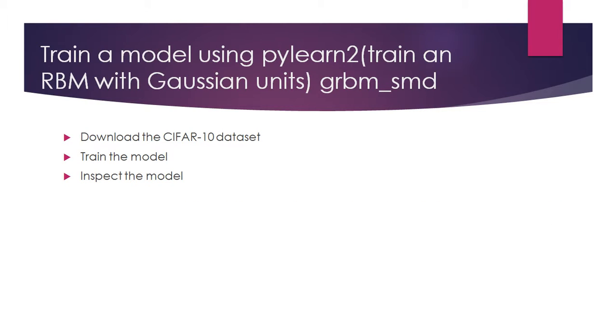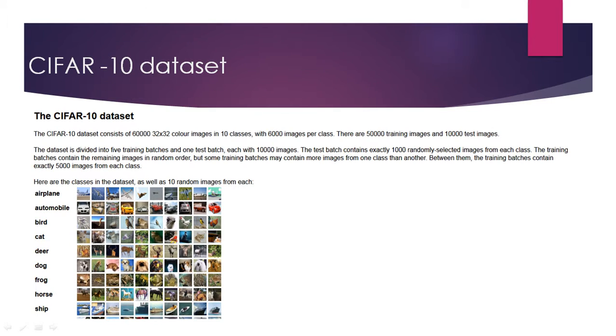If you train a new model using the Pylearn tool, we can train an example, the GRBM, training an RBM with Gaussian units. We train this using the CIFAR dataset.